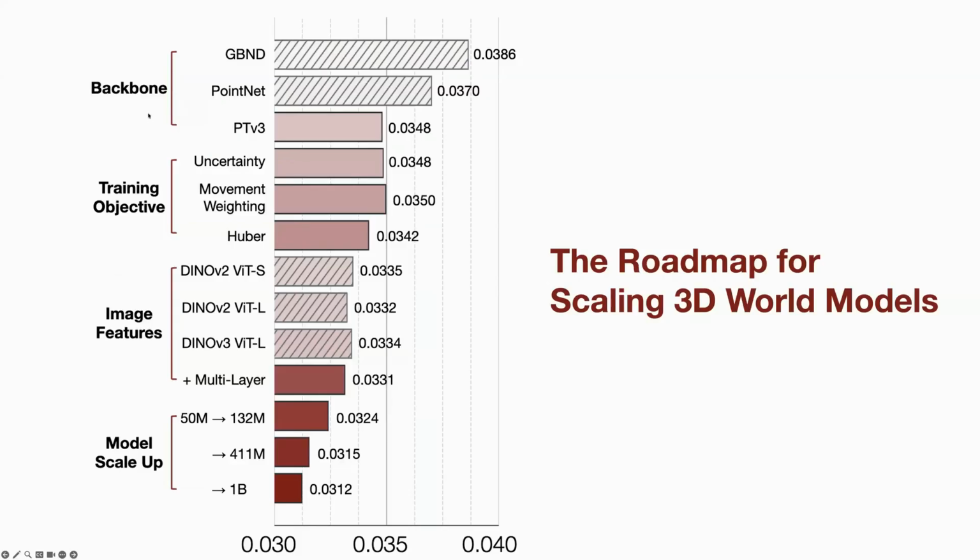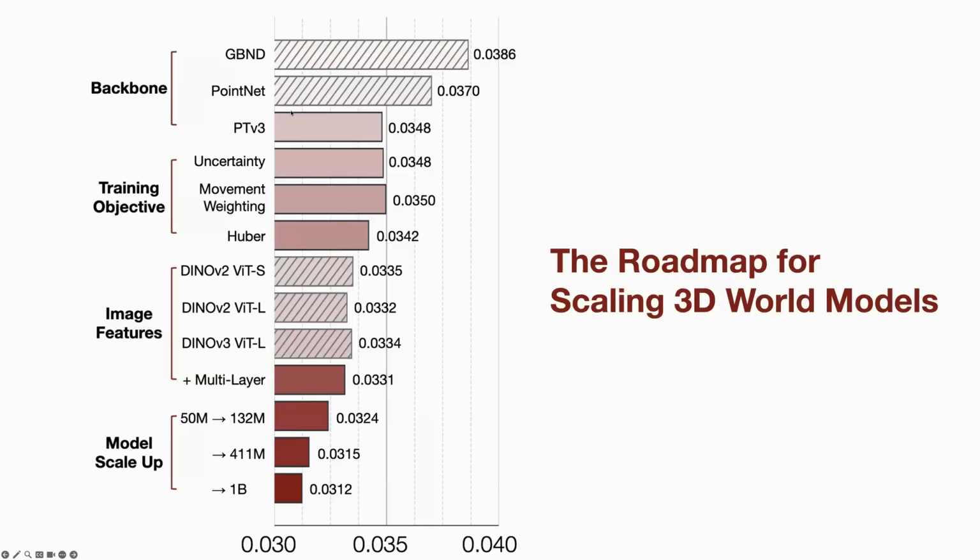So we need to add an uncertainty scaled loss, and also we need to emphasize the moving part. And all of them are combined with Huber loss to further help with the potentially noisy labels.